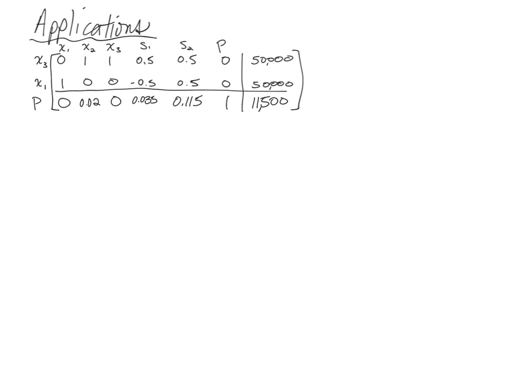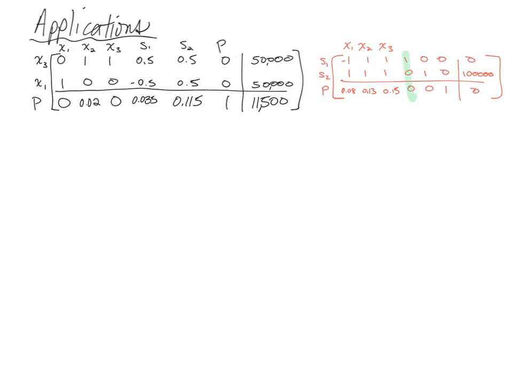And I want to take a moment to just talk about the different columns and how they switched around. So originally, we had this matrix right over here, this red one. We had this simplex tableau. And what ended up happening was that the basic variables s sub 1, s sub 2, and p, which we marked over here on the left side, those columns changed.